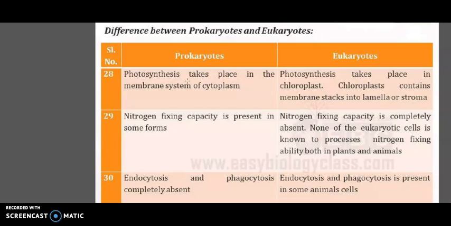Nitrogen-fixing capacity is present in some forms of prokaryotes, whereas in eukaryotes, nitrogen-fixing capacity is completely absent. Endocytosis and phagocytosis are completely absent in prokaryotes, whereas in eukaryotes, endocytosis and phagocytosis are present in some animal cells as a defense mechanism.